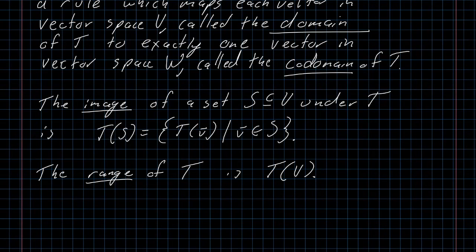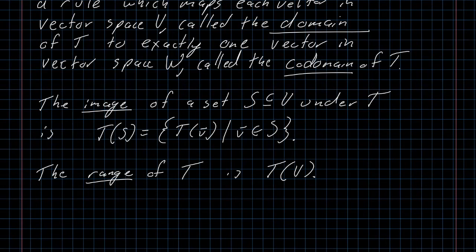That gets us to the language that you're accustomed to thinking about when you are talking about real valued functions. The domain is the input values. The range is the set of all values that can come out of the function.